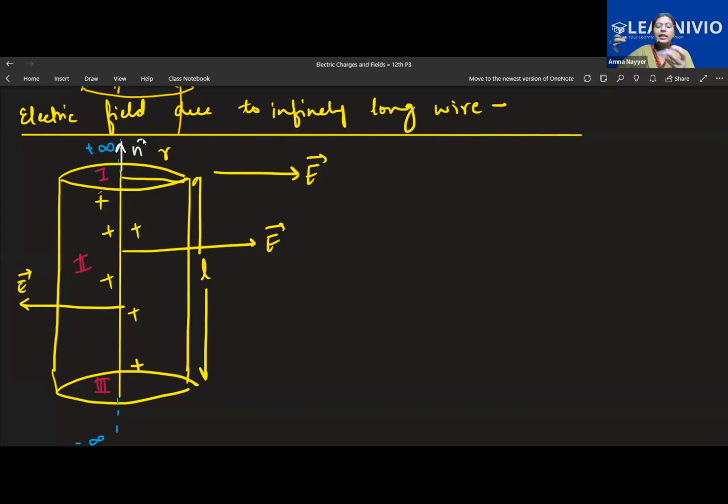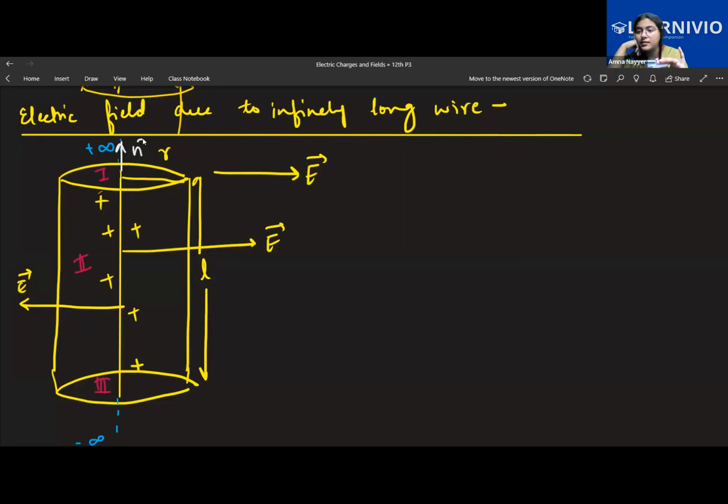Now look, the electric field is present like this, parallel or perpendicular to the surface. Electric field is like this, and on the top you have taken the area vector. So what is the angle between area vector and the electric field? This is the perpendicular n cap. Your electric field is towards the right.